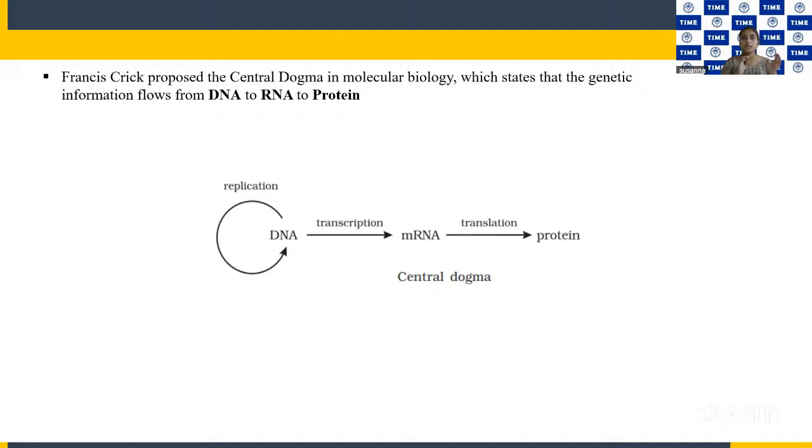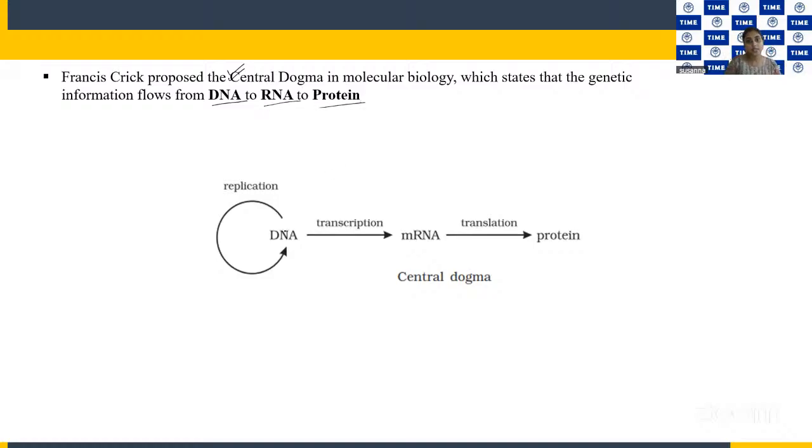That was proposed by Francis Crick and named the central dogma in molecular biology. According to this, genetic information flows from DNA to RNA to protein.